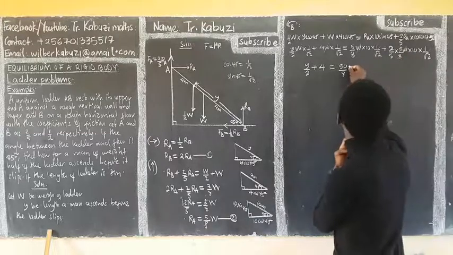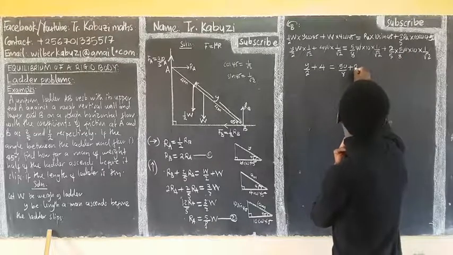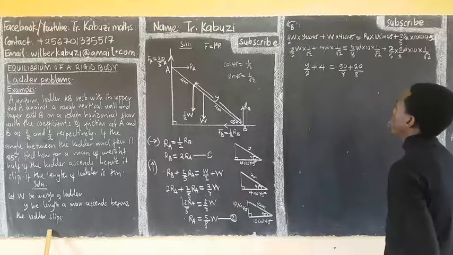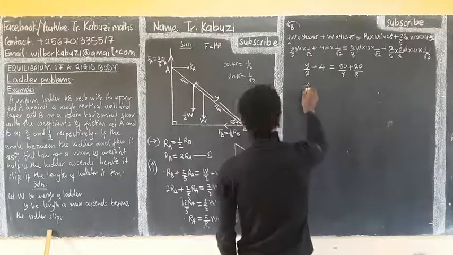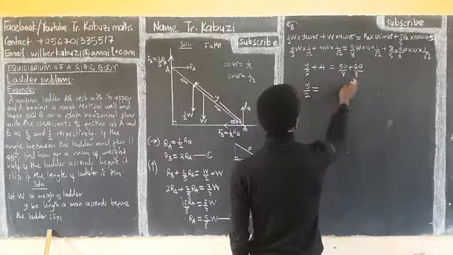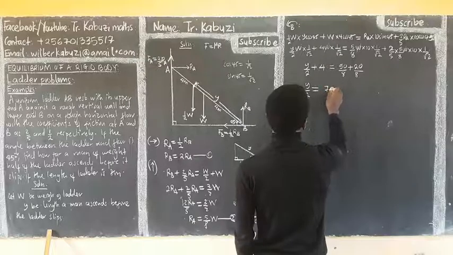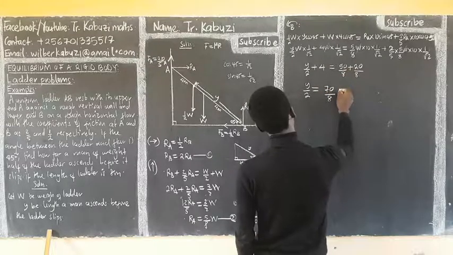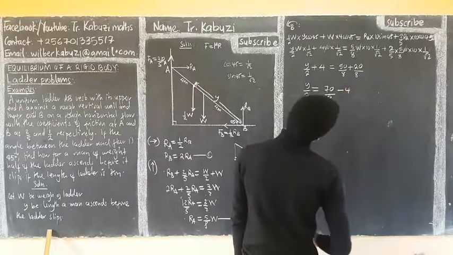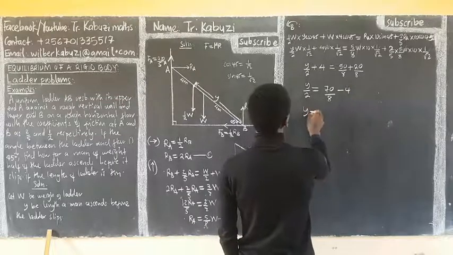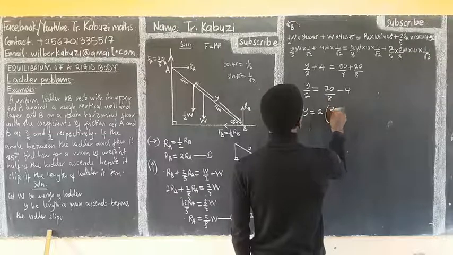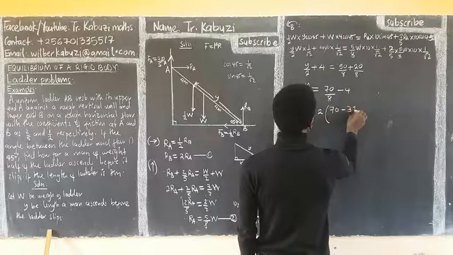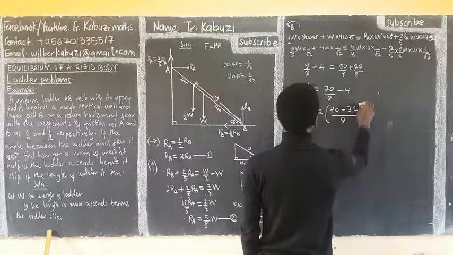We have plus 20, the whole over 8. Okay, so we can decide to get our y over 2 to be equaling this, which will be giving us 70 over 8, then minus 4. So our y is going to be 2 times, when you cross multiply, 70 minus 32, the whole over 8.